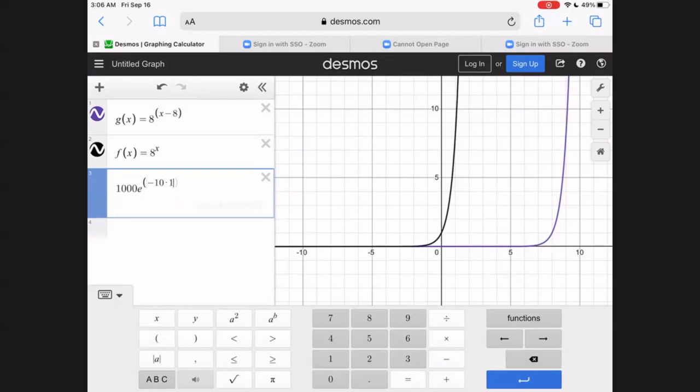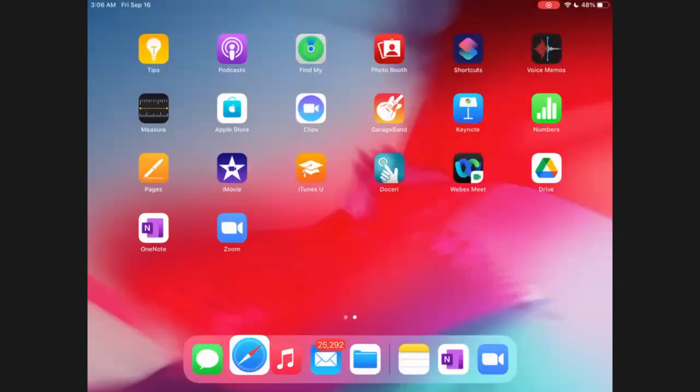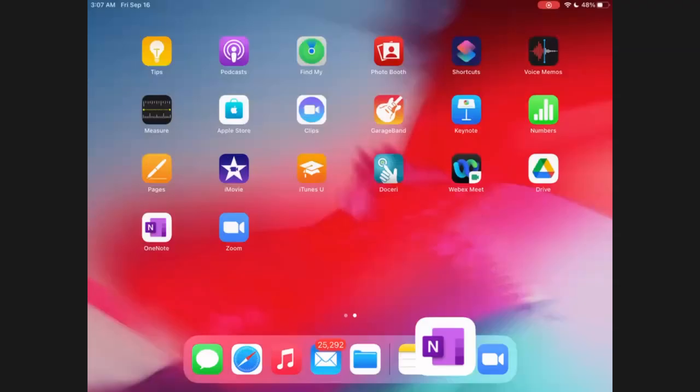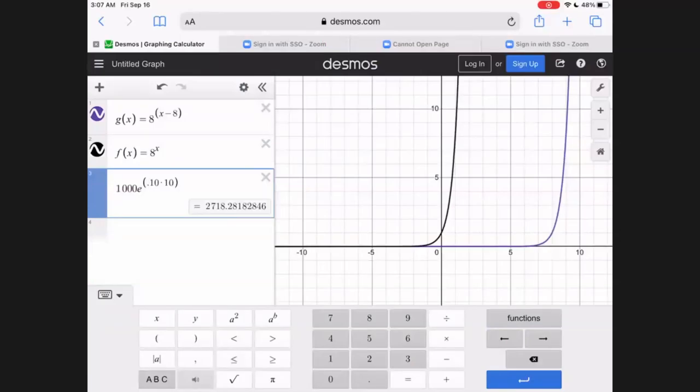Times 10. All right. Oh, why did I put negative there? Did I put negative? That's my mistake. I meant to put 0.1 because your rate is 10%. Okay. So we see we get around $2,718.28. So let me get the whole number. 2,718.28.